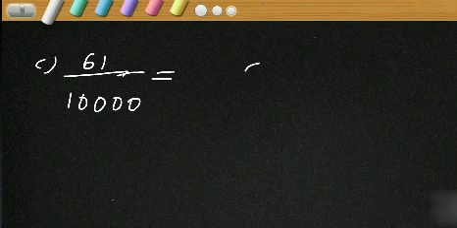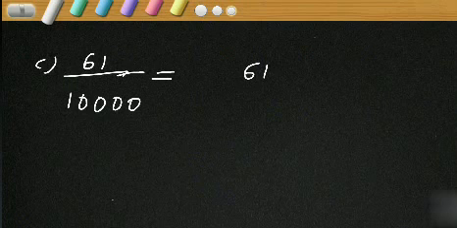That means write the digits 6 and 1. 4 decimal places should be there, but we have been given only 2 digits. So what to do? Out of 4 places, we have been given only 2 digits, so for the rest of the 2 places, we have to put zeros, isn't it?